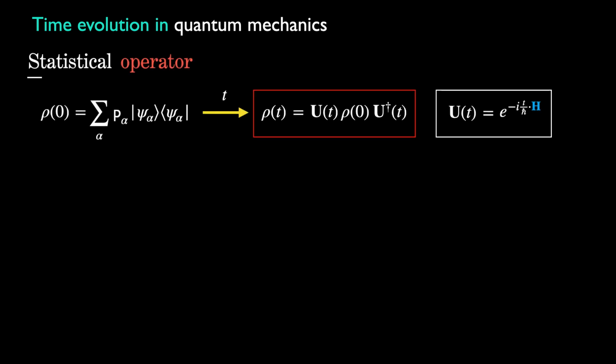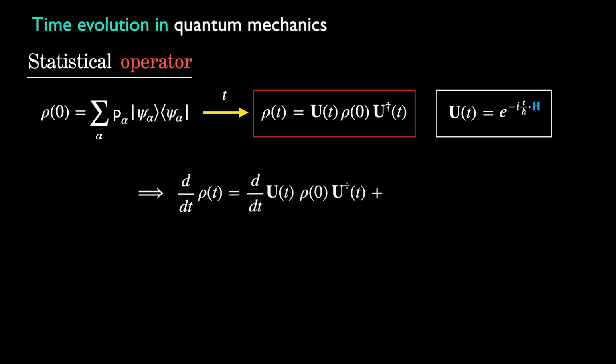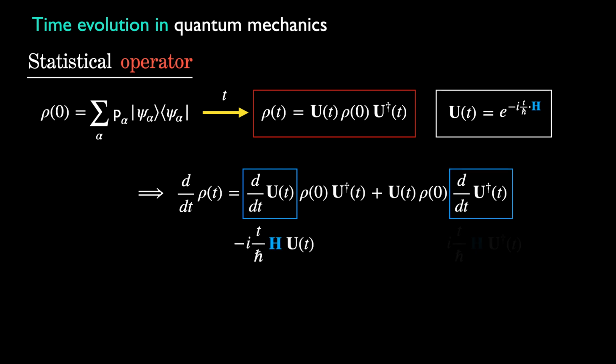Thus, we have the statistical operator of the system at any time, given the initial state. Let's work out the time derivative for ρ. Notice that H commutes with U dagger. Let's switch their positions to get a neater result.